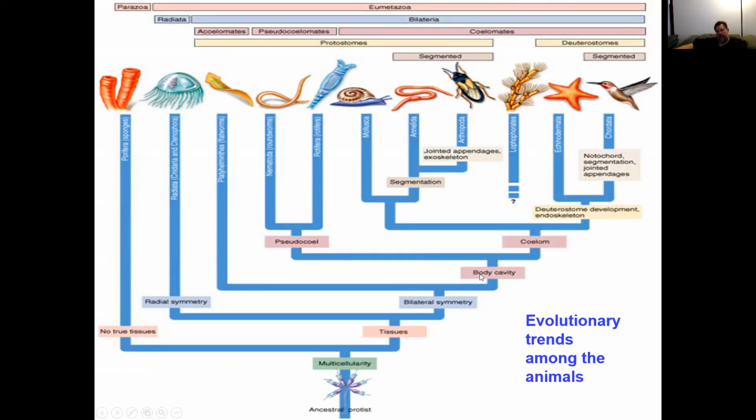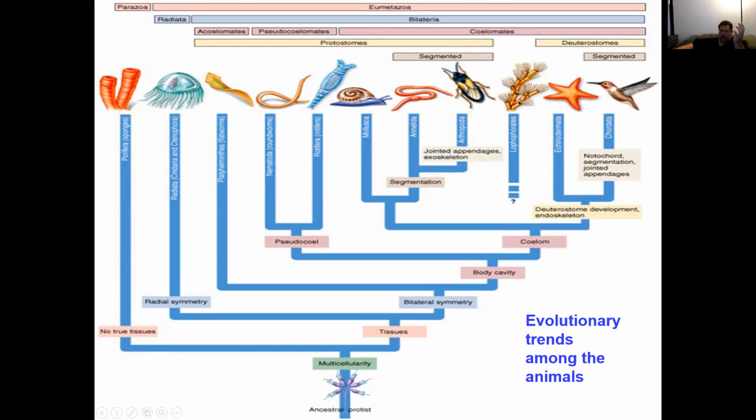So you can see body cavities evolved here. And then if you look at coeloms or true coeloms, that means they have true body cavities. That includes all these animals going up above it. So that's how we categorized them. We start to see mollusks, annelids, arthropods, and then some animals we don't recognize very easily. And then we see starfish and then chordata, which include ourselves.